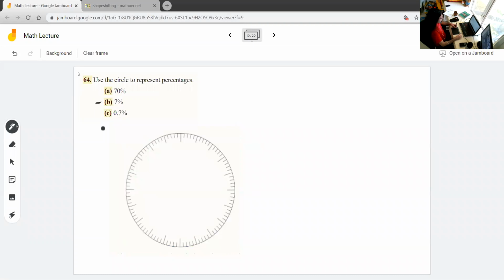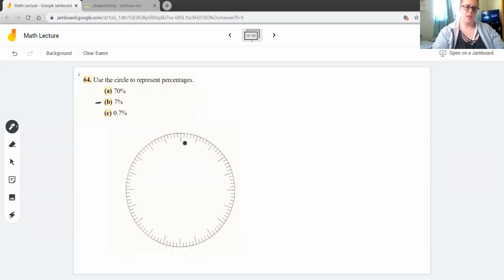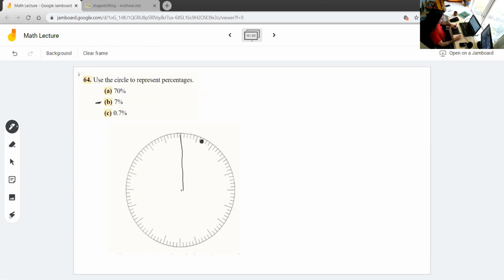So if we have 7%, how would I do that on my circle with 100 tick marks? Count 7 marks. So 1, 2, 3, 4, 5, 6, 7. And I would shade that area. Everyone happy with that?